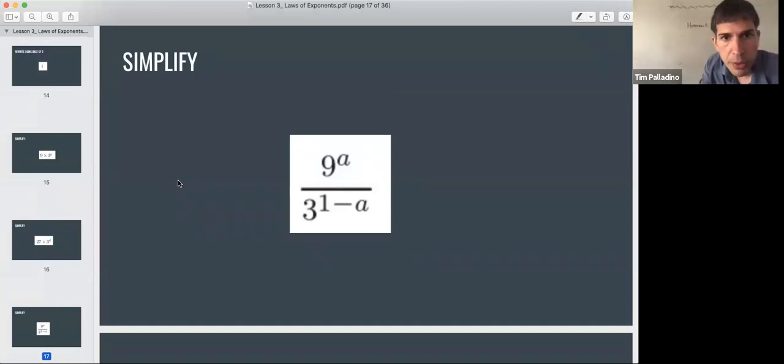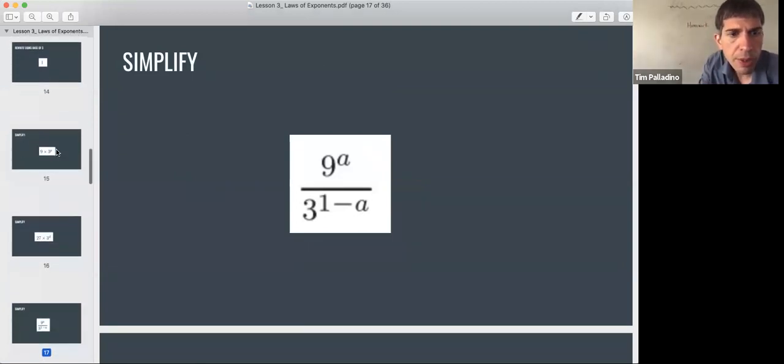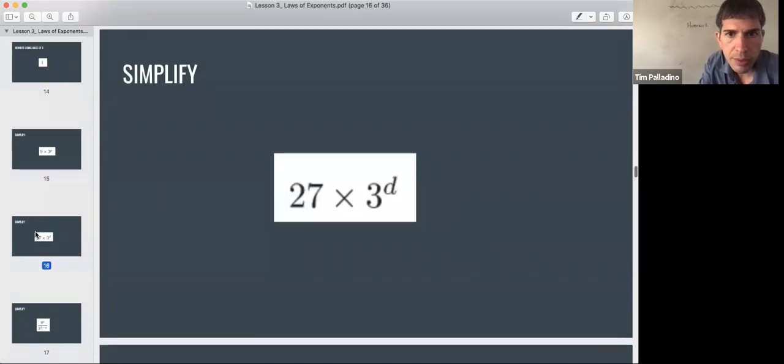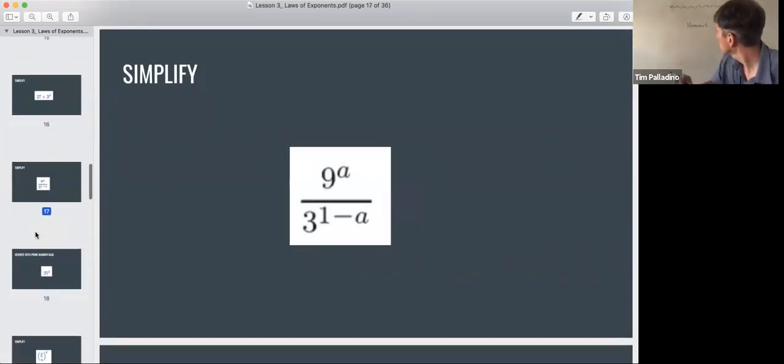I believe this is slide 17, the one that has 9a divided by 3 to the 1 minus a. Actually, maybe we should do this one together. Let's do this one together.